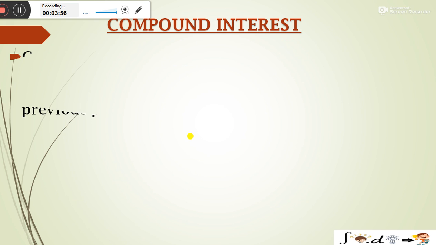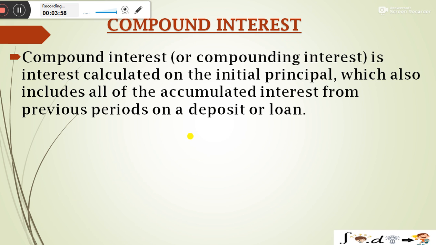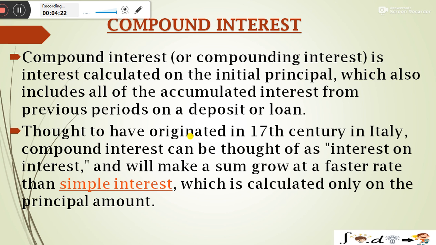And now the compound interest. Compound interest is calculated on the initial principal, which also includes all the accumulated interest from the previous periods on a deposit or a loan. यानी कि एक बार हमने जब स्टार्ट कर दिया तो उसके बाद जो टाइम पीरियड है, उस टाइम पीरियड के अकॉर्डिंगली जो इंटरेस्ट हम कैलकुलेट करते हैं वो इंटरेस्ट हम ऐड करते जाते हैं प्रिंसिपल में.